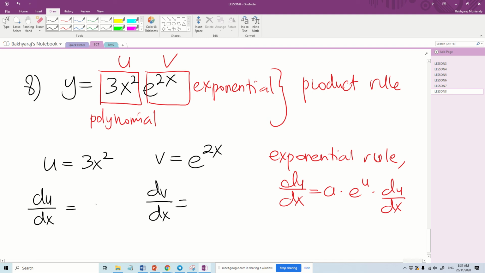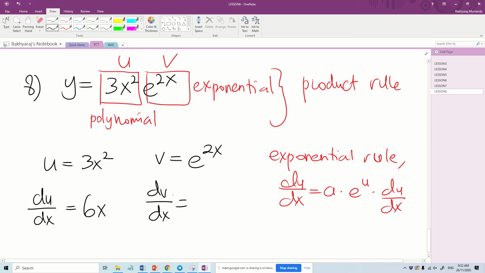Anyone can help me to get du/dx? Correct, 6x. So you get 6x, very good.